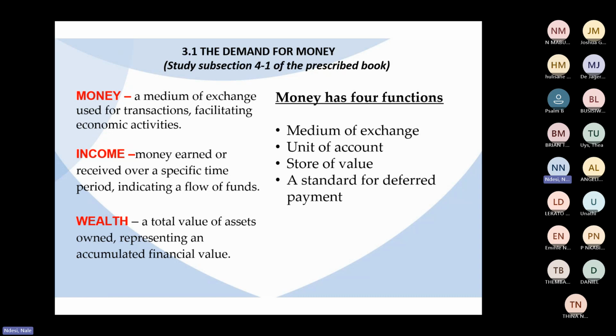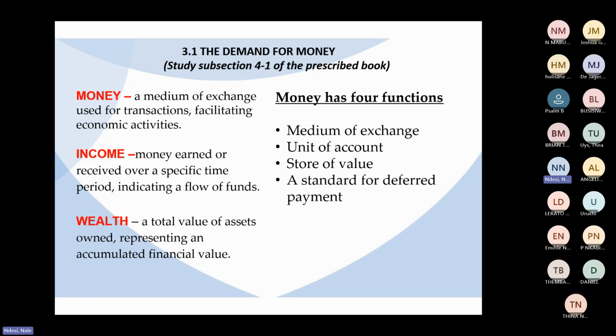It is also important to distinguish between the concepts money, income, and wealth. Money is a medium of exchange used for transactions, which facilitates economic activities. In this model, money consists of coins and notes issued by the South African Reserve Bank, as well as the checkable deposits held at banks.